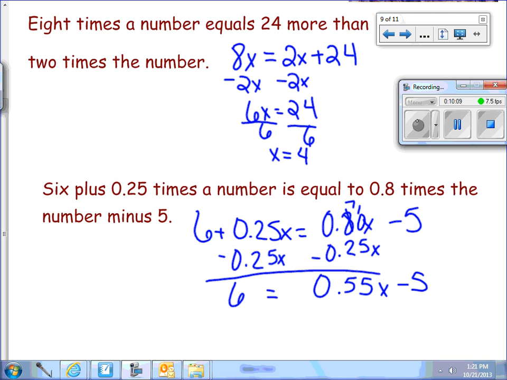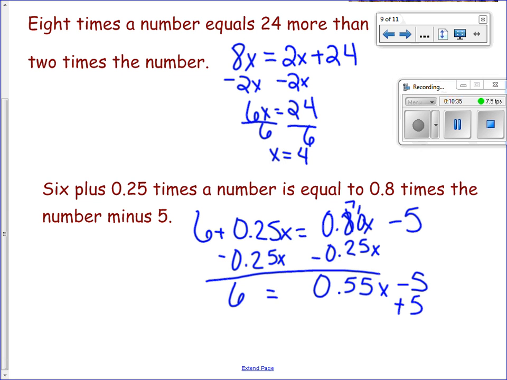So we set up our problem. 6 plus 0.25x is equal to 0.8x minus 5. We decided that we would subtract 0.25x from each side, which left us with 6 is equal to 0.55x minus 5. Add 5 to each side. 11 is equal to 0.55x.